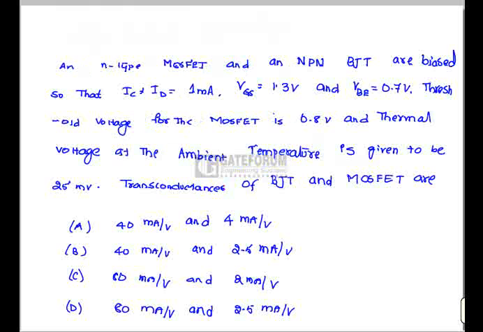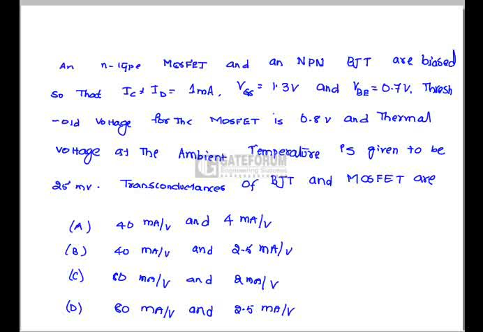An N-type MOSFET and NPN BJT are biased so that IC equals ID equals 1 milliamp, VGS equals 1.3 volts and VBE equals 0.7 volts. The threshold voltage for the MOSFET is 0.8 volts and the thermal voltage at ambient temperature is 25 millivolts. Find the transconductances of the individual BJT and the MOSFET.